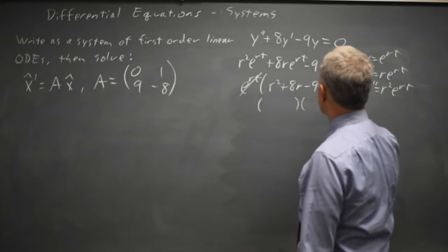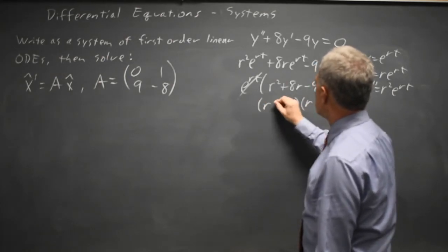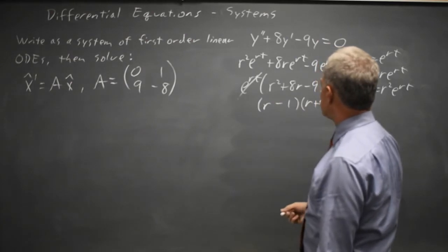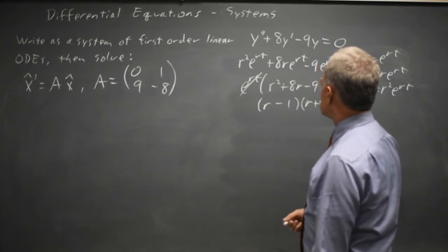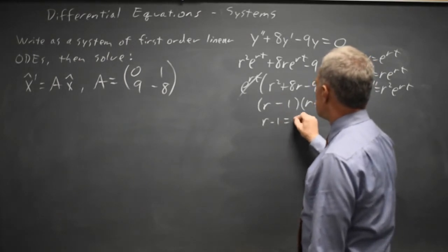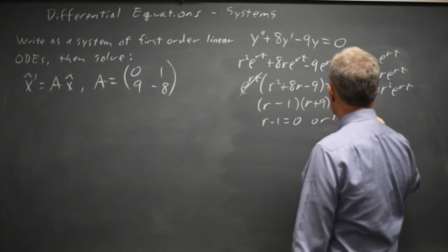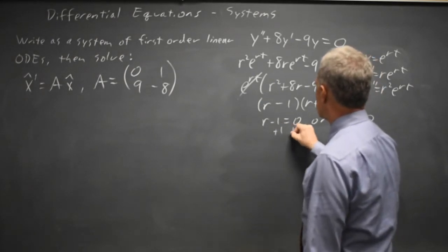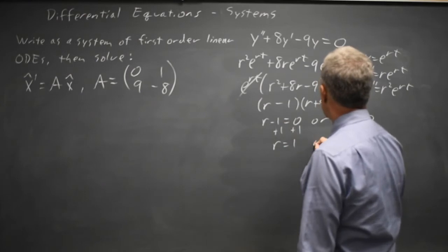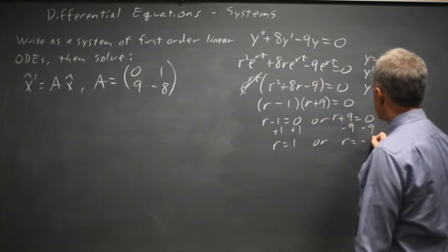Factoring, r and r, 1 and 9. The 1 is negative and the 9 is positive. And if a product is 0, either the first factor is 0 or the second factor is 0. So r equals 1 or r equals negative 9.